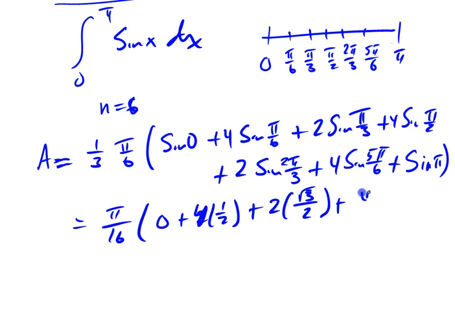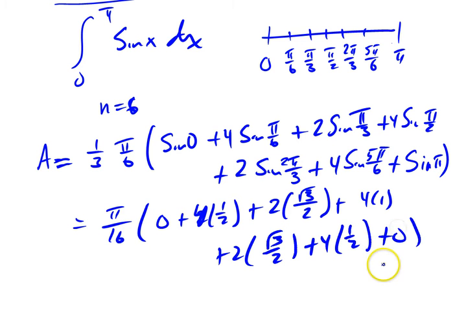Sine of pi over 2 is 1. 4 times 1. Plus 2 times the square root of 3 over 2. Plus 4 times a half. Plus 0. And when I type all that into my calculator and see what I get, it comes up with 2.00086 and some change.